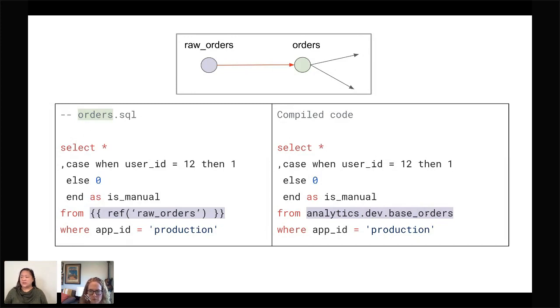So when the code is compiled, dbt knows to select that dev environment, and it also helps build this dependency graph. It crawls through the code and knows, oh, this orders model depends on raw orders. I can tell because the ref statement is there. If you interpolate this outwards, it builds a really nice DAG for us to see all the dependencies between each model.